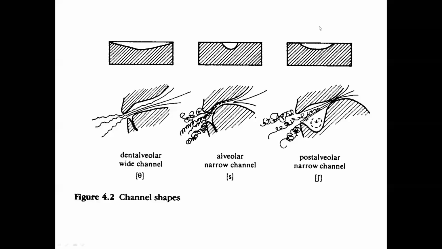Sibilants include s, z, sh, and zh. And those lower ones that are called non-sibilants are f, as in the F sound, v, as in voiceless TH, and v, as in voiced TH.